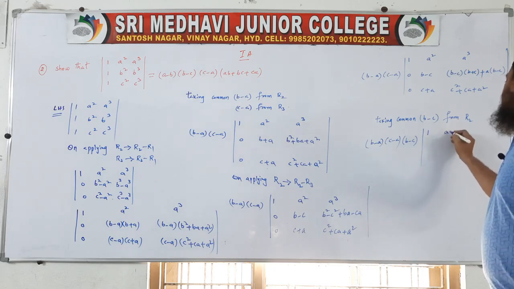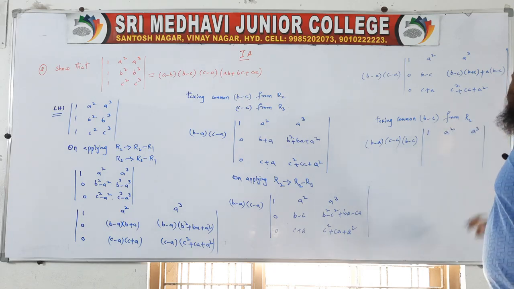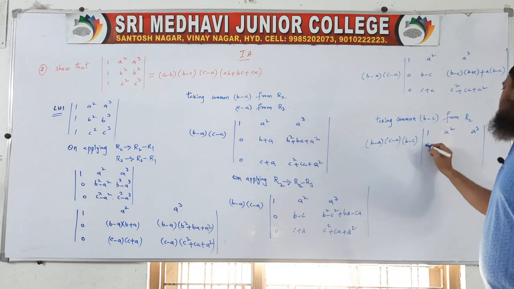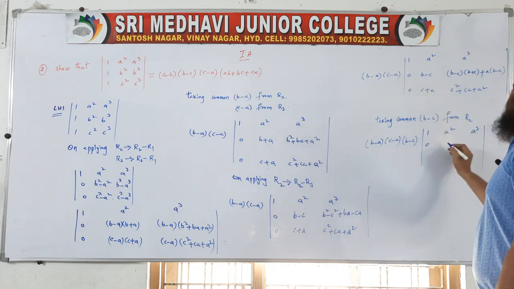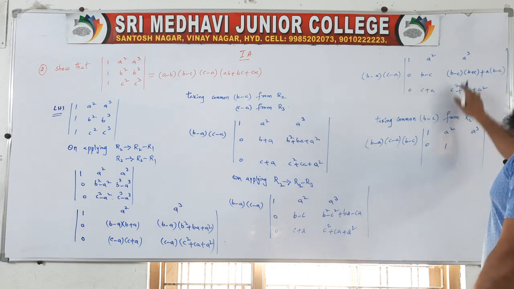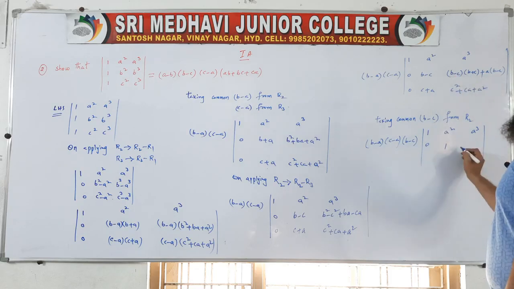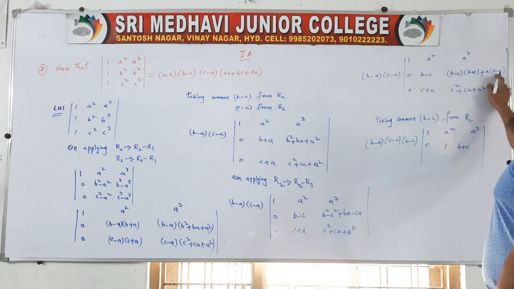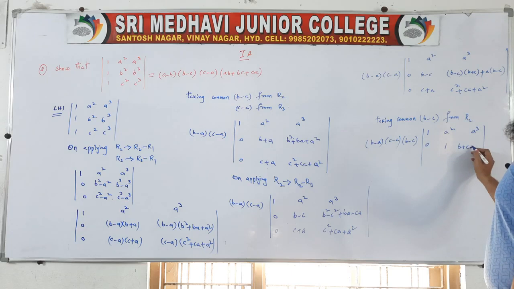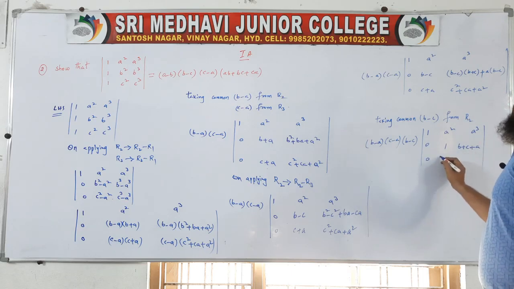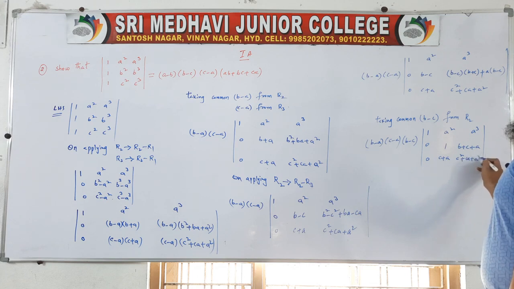So 1, A square, A cube. The next thing is 0. When I am taking B minus C common, automatically in this place we have to write 1. B plus C, B plus C, plus A, plus A. 0, C plus A, C square plus CA plus A square.